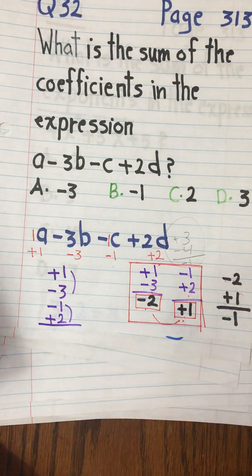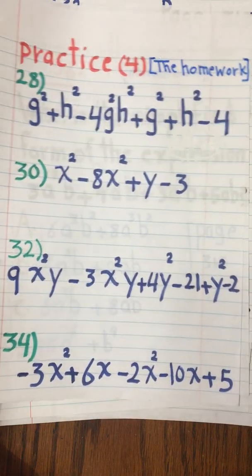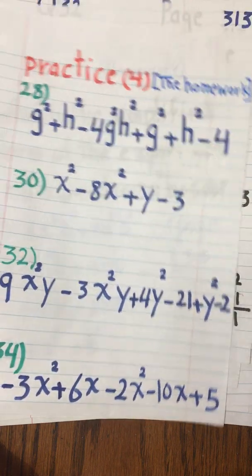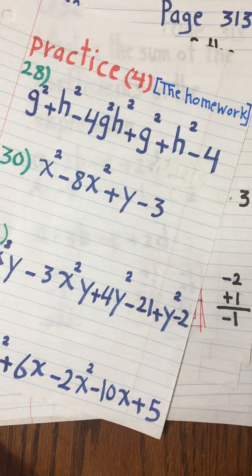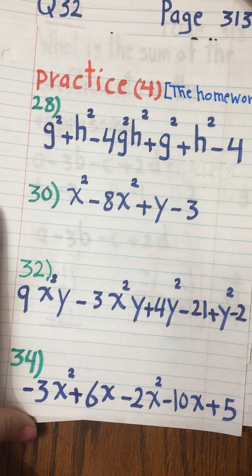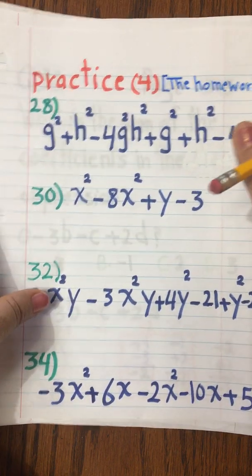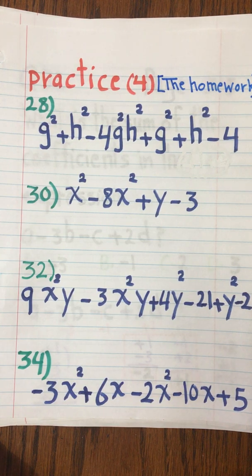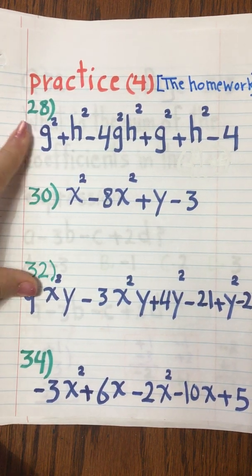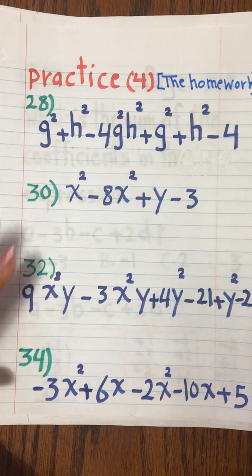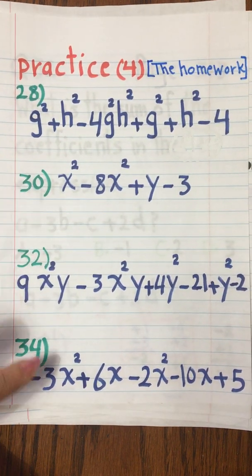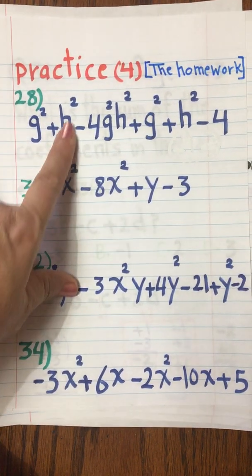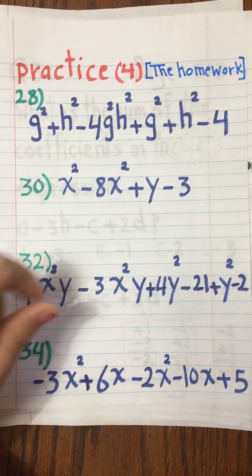So we're done with the odd numbers. Now we have the homework. The homework, guys, is the even number questions. 28, 30, 32, 34. I think the questions are clear. And don't forget the powers or the exponents, guys.